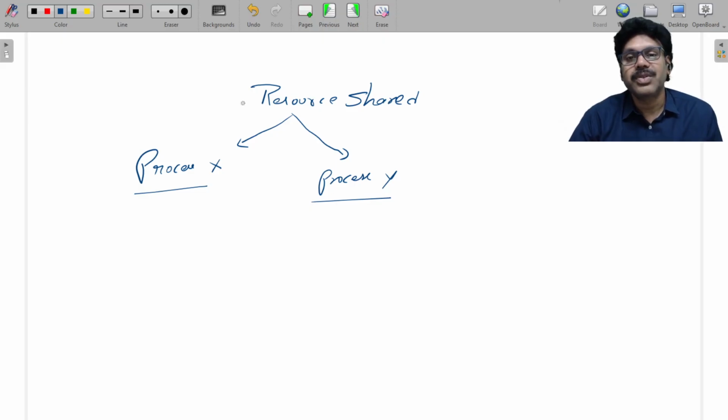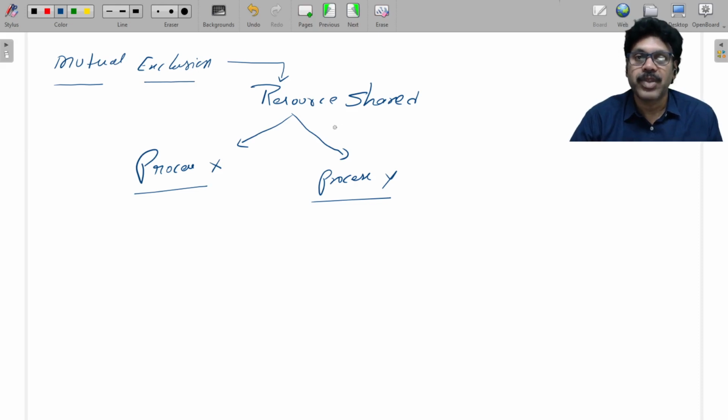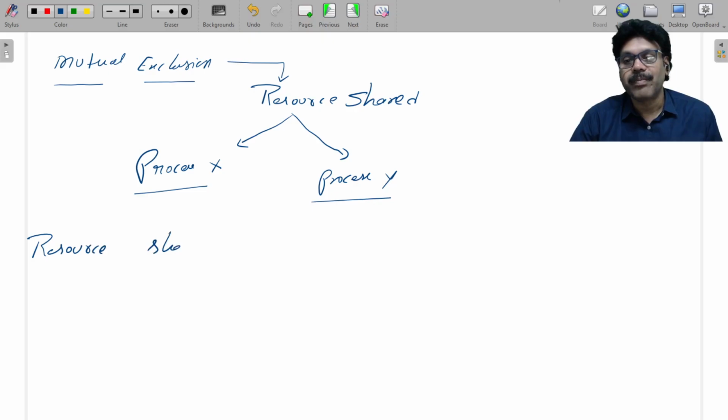But sharing of a resource is not always possible. We are trying to dissatisfy the mutual exclusion property in such a way that the resource can be shared. When a resource is shared, there is no chance of deadlock, but it is not always true. Only certain resources can be shared. What resources can be shared?